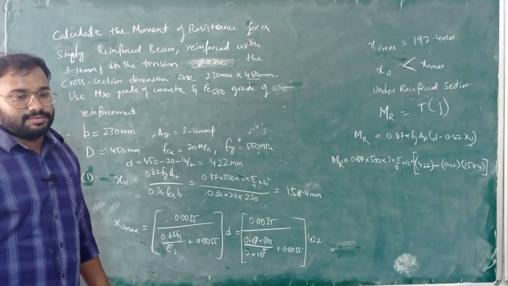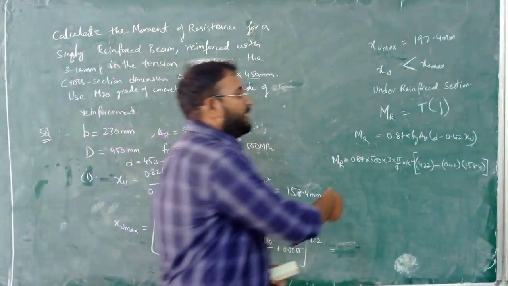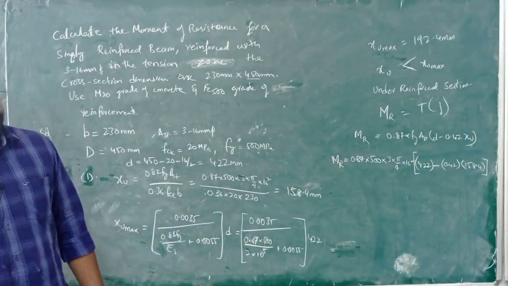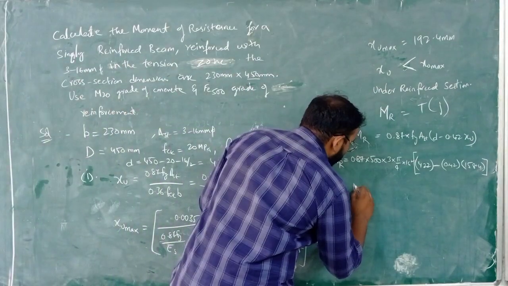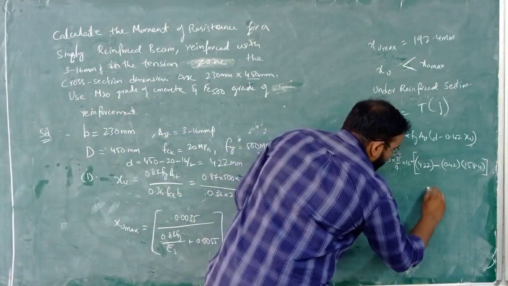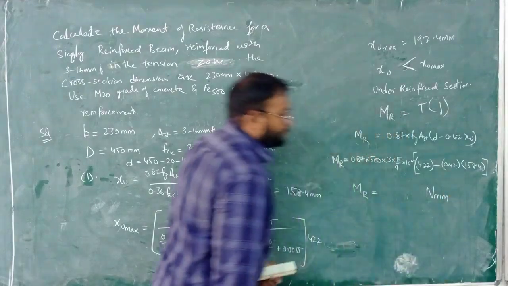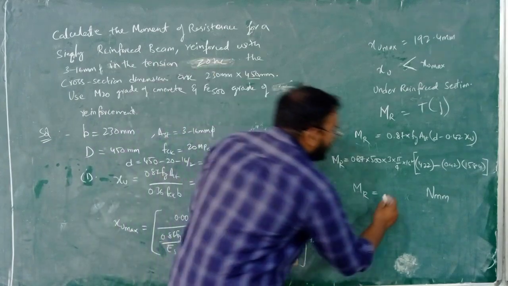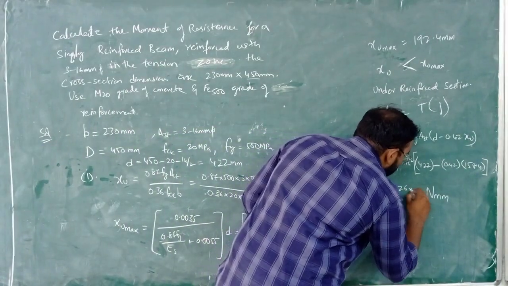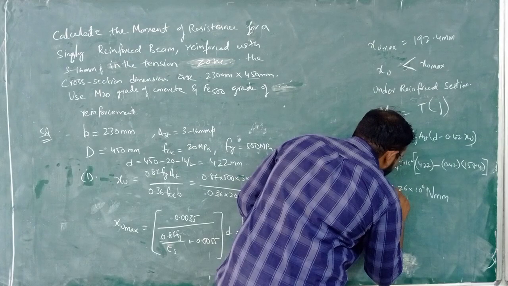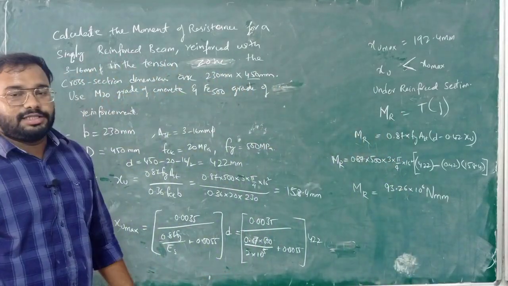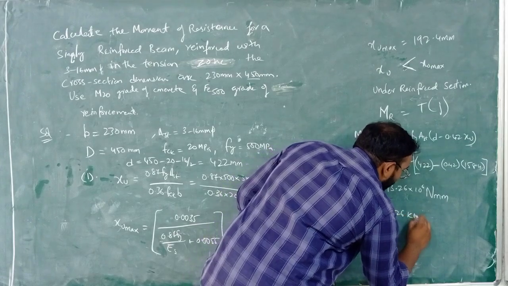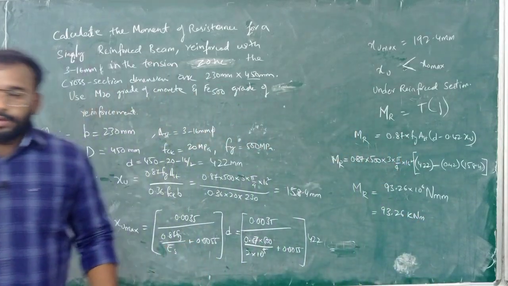MR is equal to 0.87 into fy, 3 into pi by 4 into 16 square, multiplied by 422 minus 0.42 into 158.4. Take these brackets while calculating, because the chances of getting errors here are more.